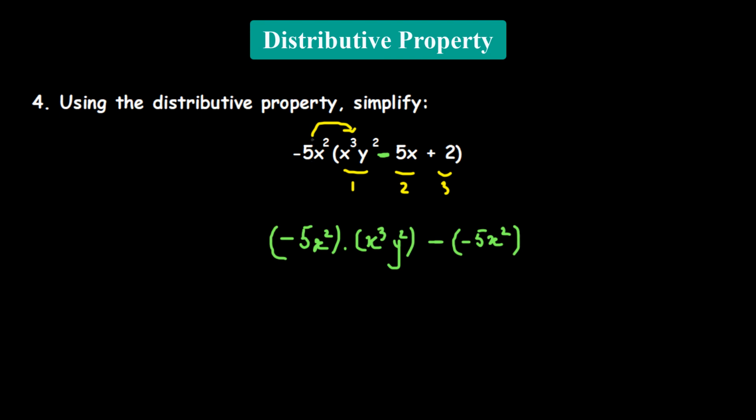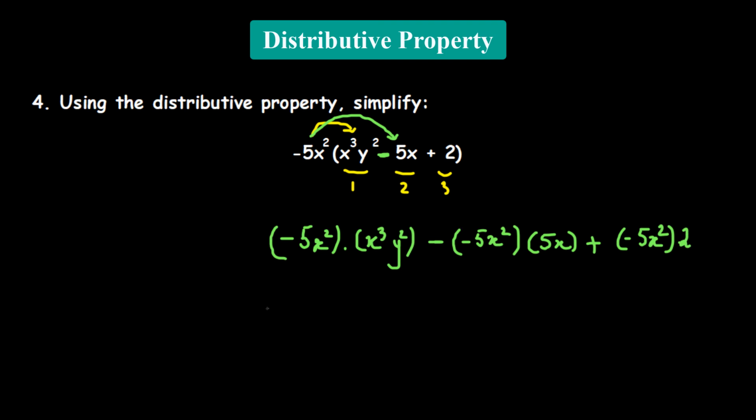So this negative 5x squared is going to get multiplied to the second term, which is 5 of x. So we have negative 5x squared multiplied to 5 of x, plus, to find out the third term, we take negative 5x squared and multiply it to the third term, which is 2, the third term within the parentheses.